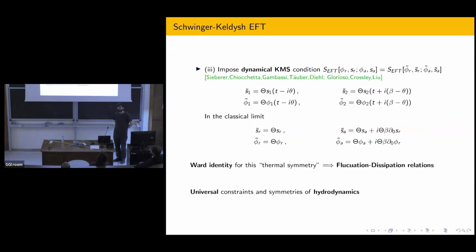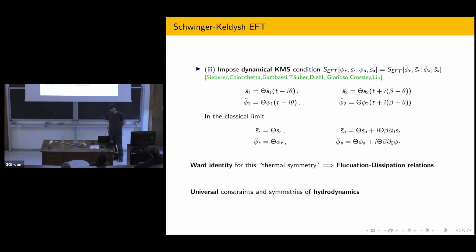And finally, a quite non-trivial step is that we want to impose the KMS symmetry, now at the level of the effective degrees of freedom, the dynamical fields of the theory. The way to do that was explained in some very nice papers, initially in the context of just thermal quantum field theory, and also later on in the context of hydrodynamics, which is much more involved.